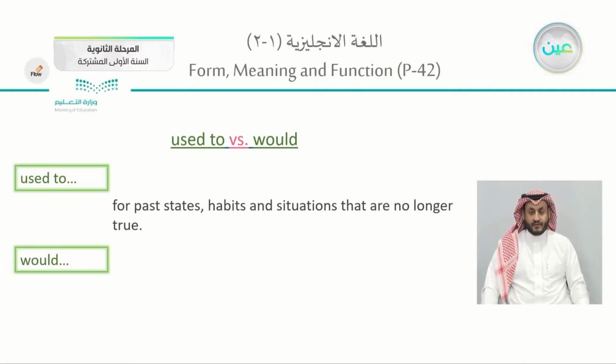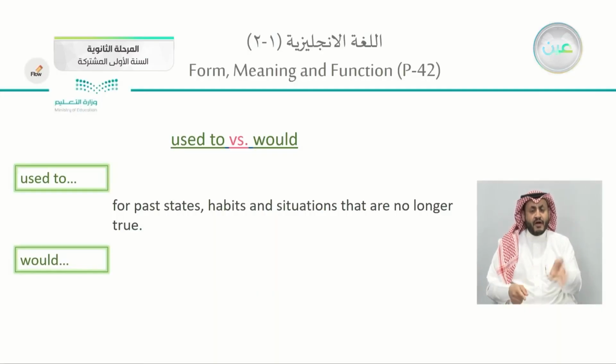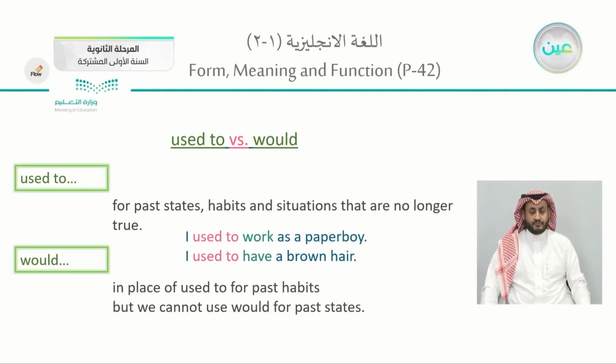So, used to and would. We use used to for past states, habits, situations that are no longer true. A state, situation, as well as a habit. How about would? They're having a similar meaning. We will say would in place of used to for the past habits, but we can't use it for past states.